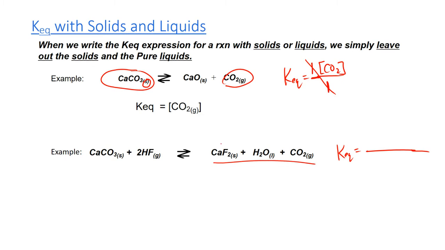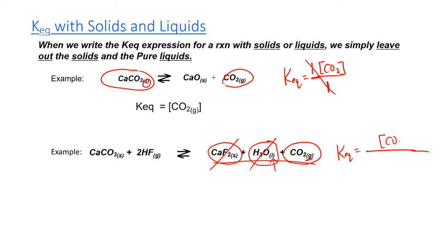Okay, so the first product is a solid. Will it get included in this equation? No. Second product, water, pure water, liquid. Will it get included in this formula? No. Third product, carbon dioxide gas. That's a gas, so it does have a concentration, and it gets included.